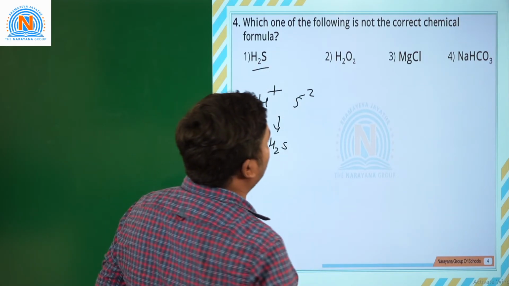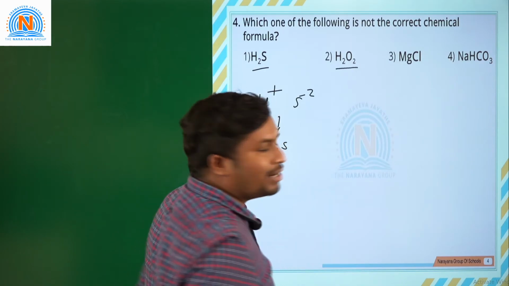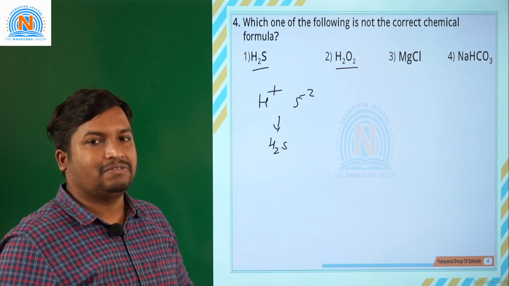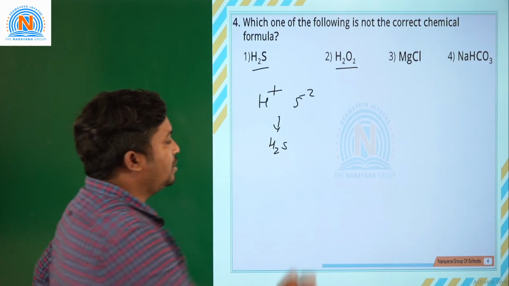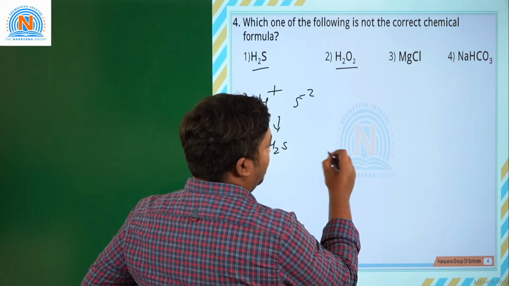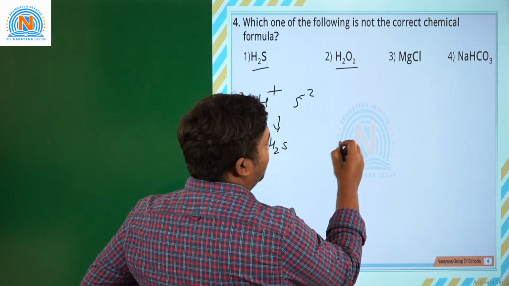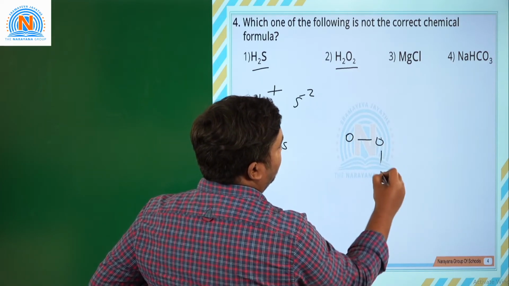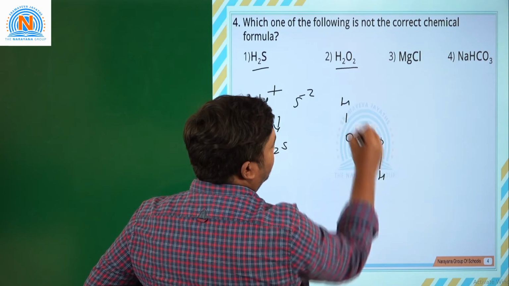Next, H2O2, this is another important compound where oxygen shows oxidation state of -1. In peroxide, oxygen shows oxidation state of -1, and it has an open book structure, you can say, hydrogen, hydrogen.